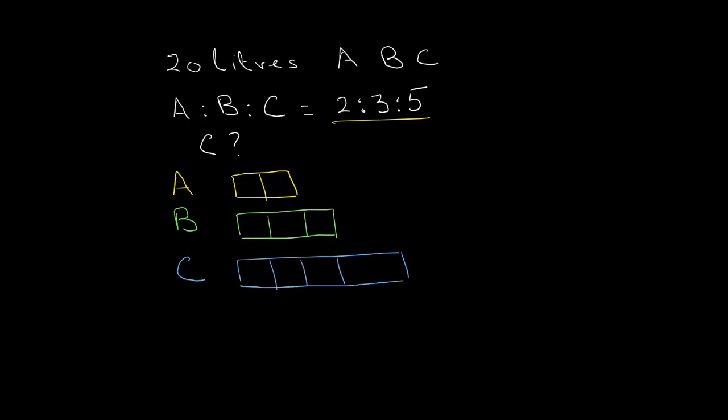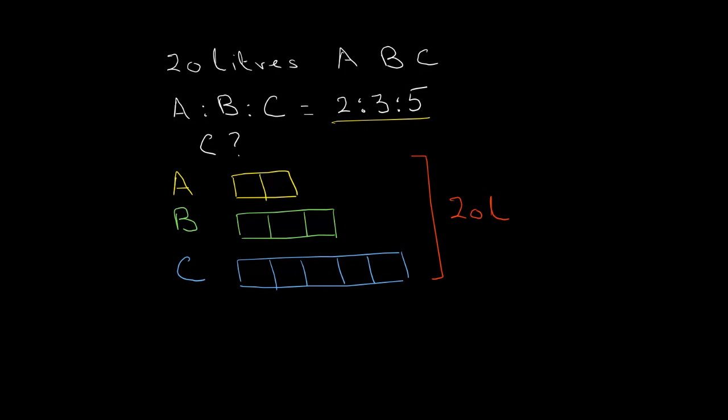All the squares that I've drawn are the same volume, because it has to be true that my unit has to stay constant. Now all of this we know has to be 20 liters.